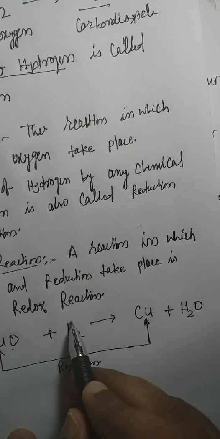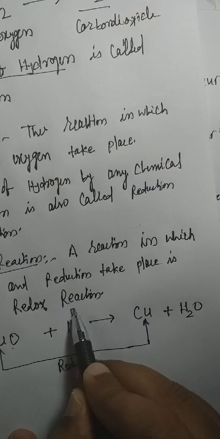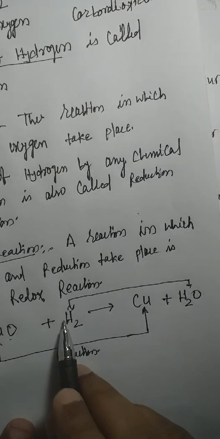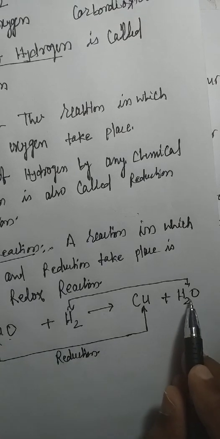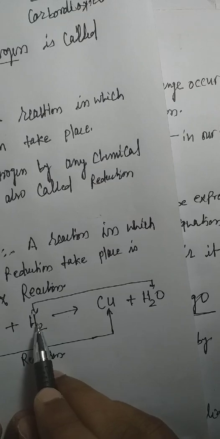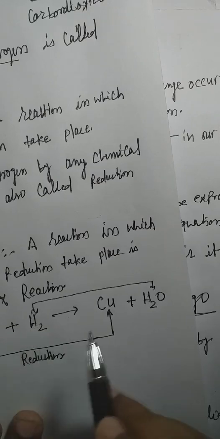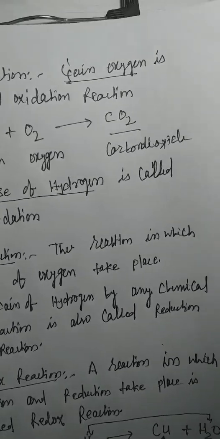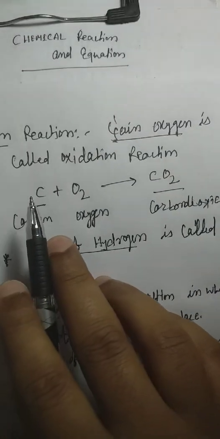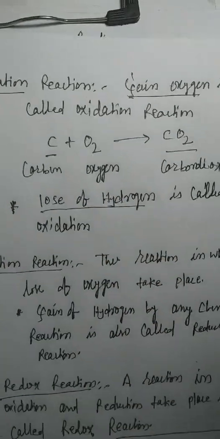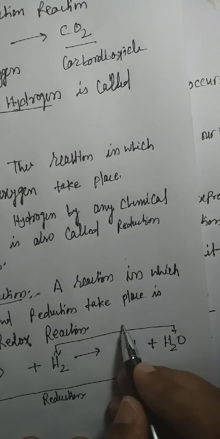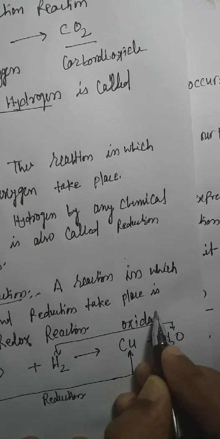In the next case, you will see hydrogen converted to water. What is happening here is that hydrogen gains oxygen. If hydrogen gains oxygen, by our definition, something that gains oxygen is called an oxidation reaction. So this is called oxidation.